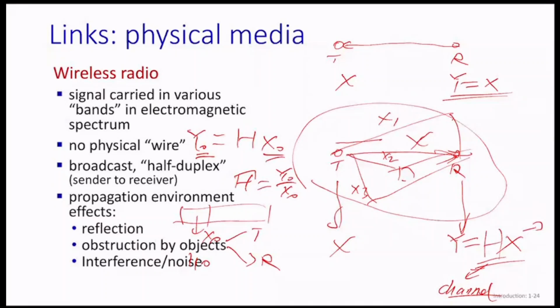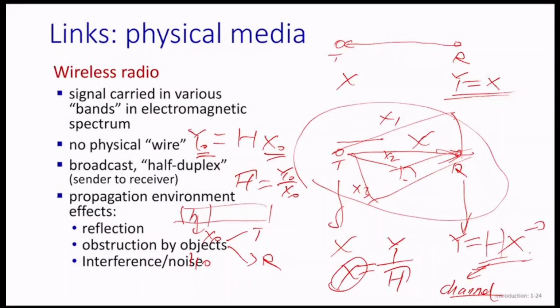If we consider H constant in the short term, then for the real data part, the other X, we just use Y over H to estimate the data. This is the header, this is the data, so we can estimate H. So the communication channel is important for communications, and next week I will introduce how the channel is a very good feature for wireless sensing, for localization and vital sign monitoring based on reflections.